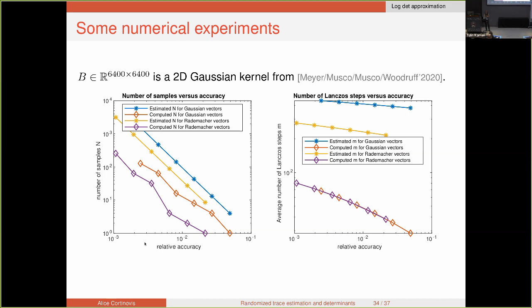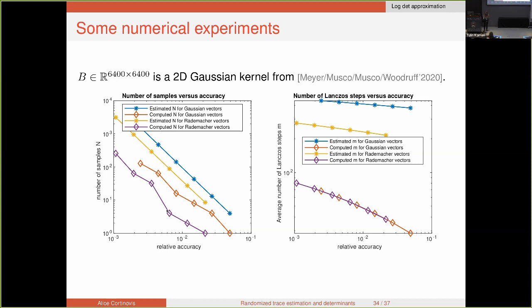On the left I'm plotting the relative accuracy of the Hutchinson trace estimator versus the number of samples n, where for the Hutchinson trace estimator I approximated the quadratic forms using the Lanczos algorithm. And on the right, I'm just plotting the Lanczos part of the algorithm.